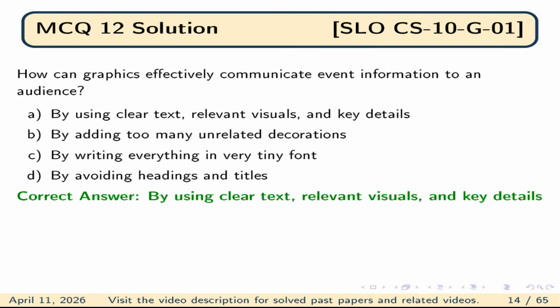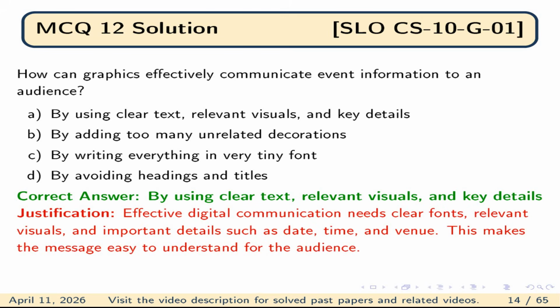The correct option is by using clear text, relevant visuals, and key details. Because effective digital communication needs clear fonts, relevant visuals, and important details such as date, time, and venue. This makes the message easy to understand for the audience.